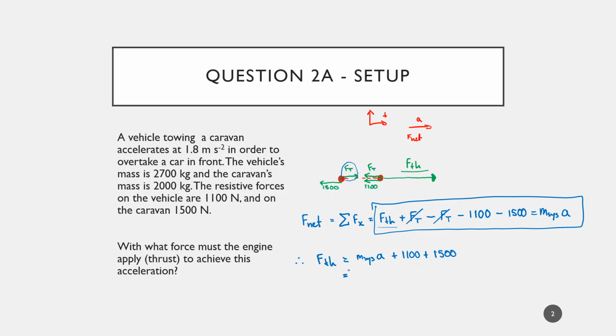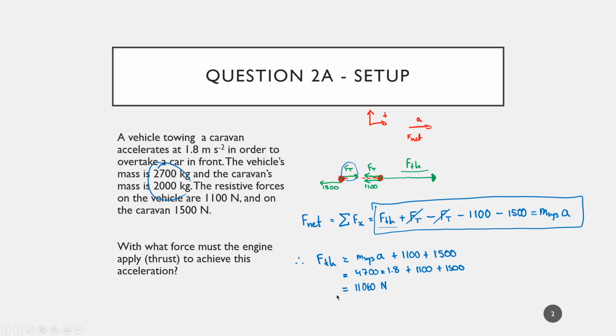Okay, the mass of the system is 2,700 plus 2,000, which is 4,700, multiplied by the acceleration of the system, 1.8, plus our resistive forces. Pop that on your calculator, and what you should get is 11,060 newtons. So this engine must be providing 11,060 newtons of force to accelerate both the vehicle and the caravan at 1.8 meters per second squared.